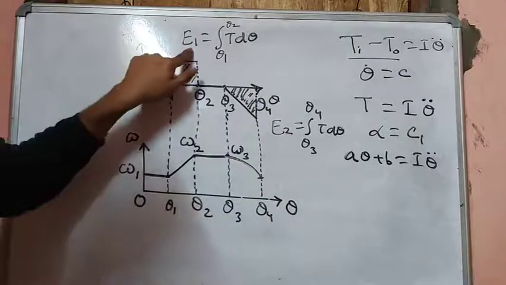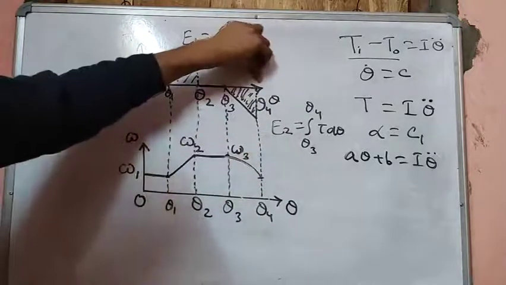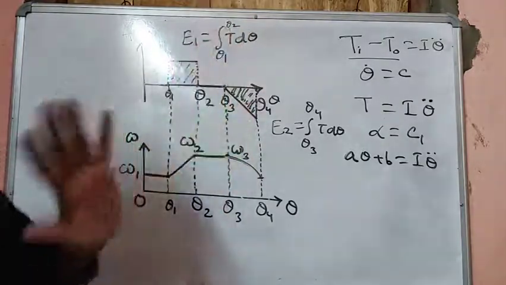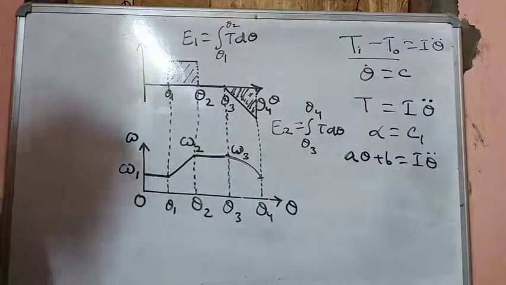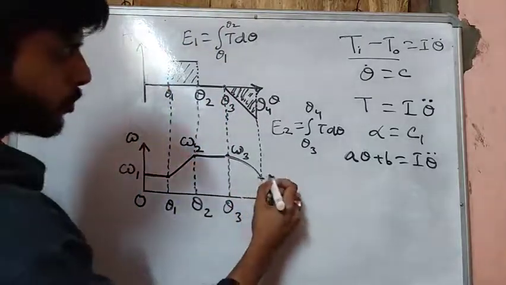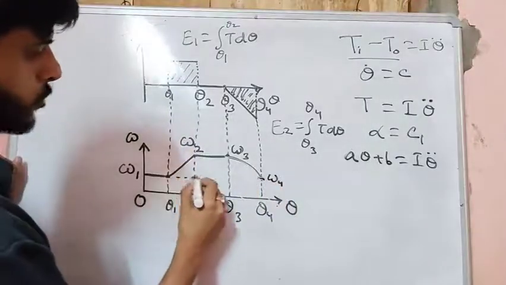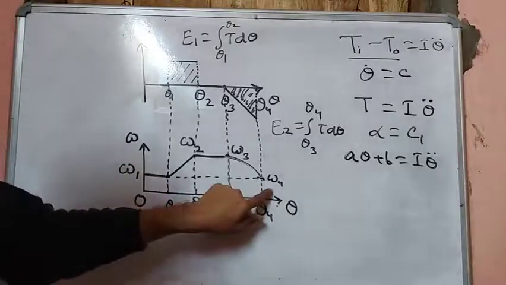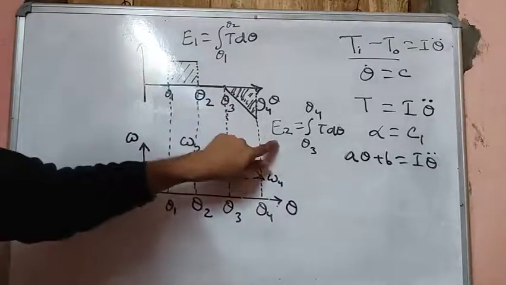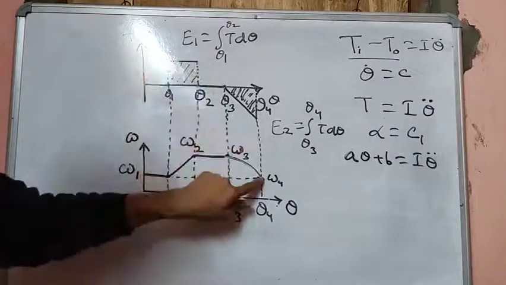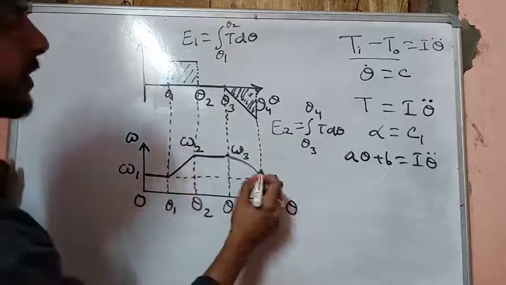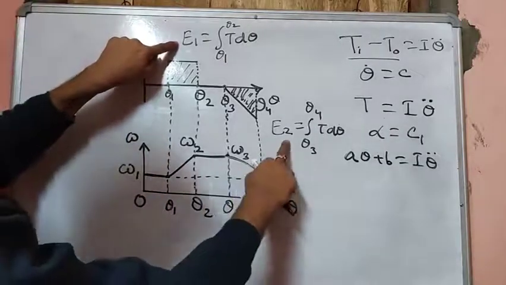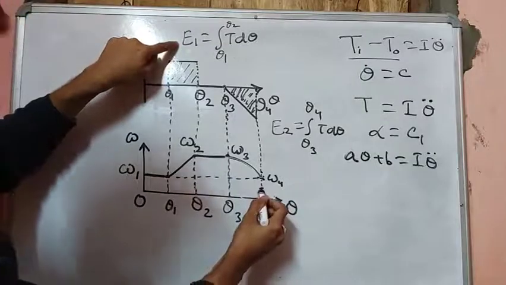So in that case omega 4 and omega 1 will be equal. Otherwise, if E1 is greater than E2, then omega 4 will be somewhat greater than omega 1. Or if E1 is less than E2, then omega 4 will be less than omega 1.